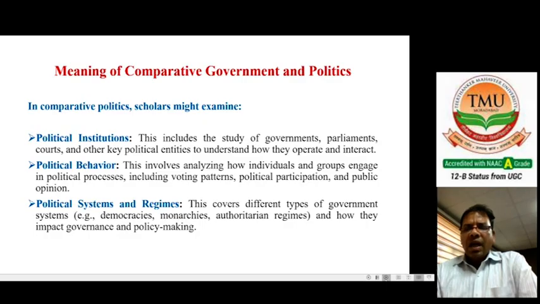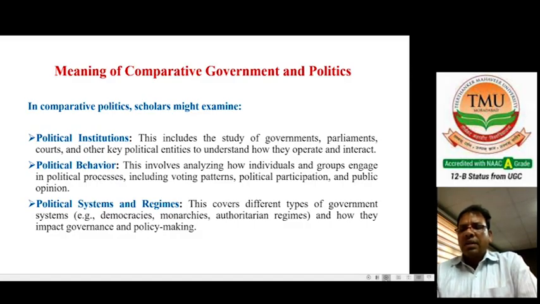Next is political systems and regimes. These cover different types of government systems, like democracy. When we talk about democracy, that is a popular form of government where people rule themselves. Monarchy is a kind of kingship where there are no elections; the head of state comes from one generation to the next and rules the state.